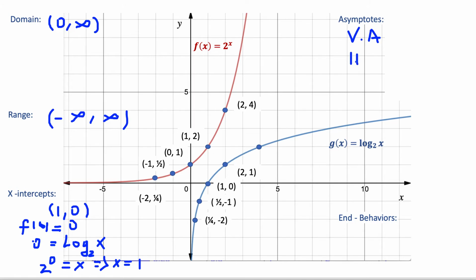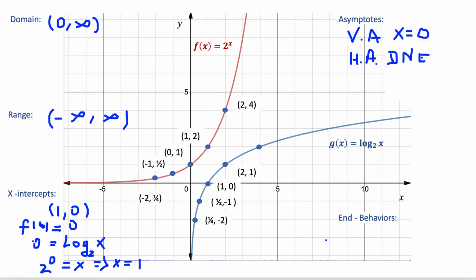So the horizontal asymptote does not exist. And the vertical asymptote exists and is the y-axis. So the vertical asymptote is x equal to 0. And the horizontal asymptote does not exist.